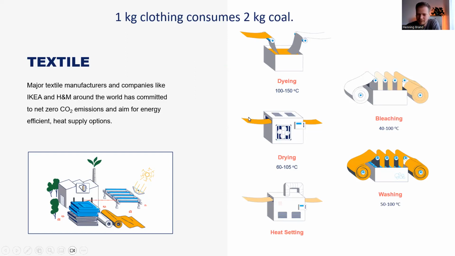That is often done with coal. And if you produce 1 kg of clothing, you would consume 2 kgs of coal. That's the ratio that a kg of clothing consumes to produce.